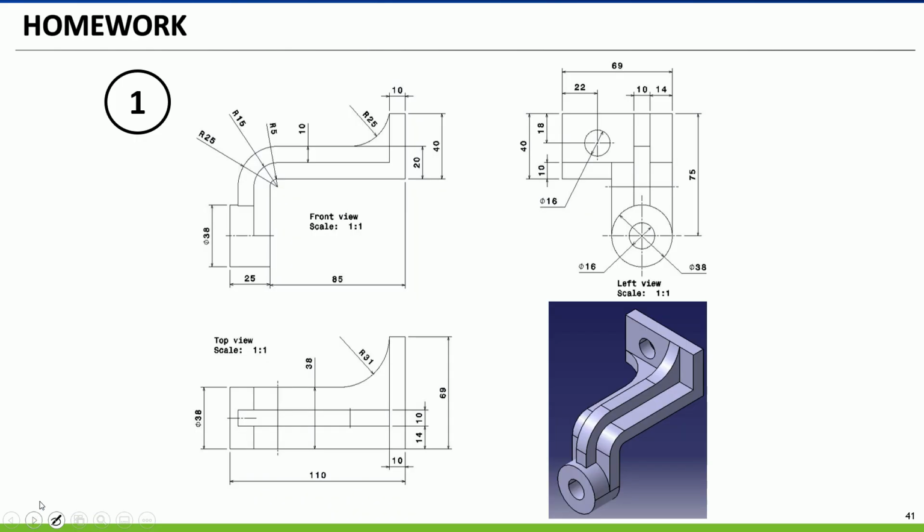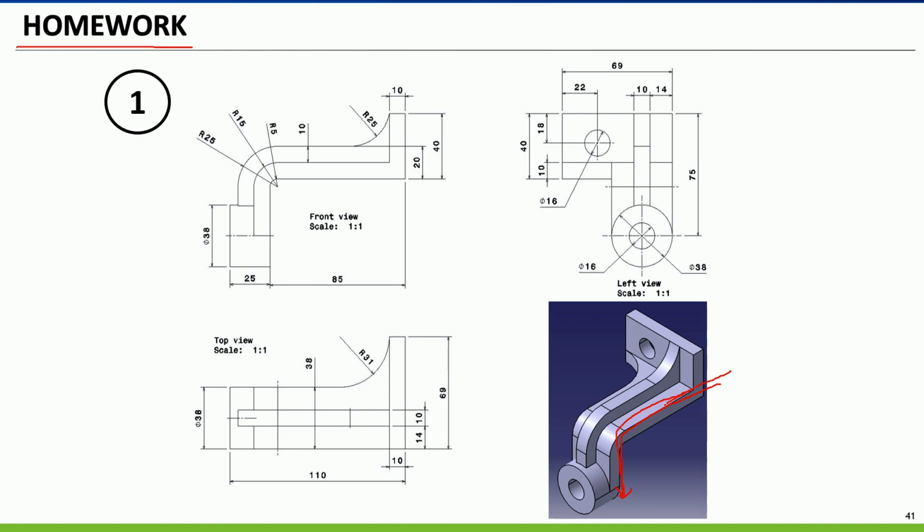Alright, in this particular homework, this is your second homework, and I think this one is also very easy for you. If you have any question about this one, you can ask by email. So basically here you have a part like this, and it has an arm perpendicular like this, shaped like this.